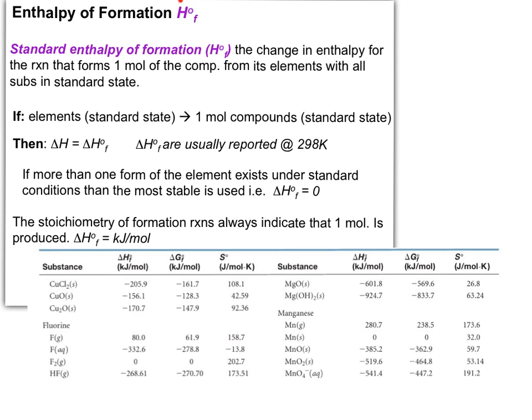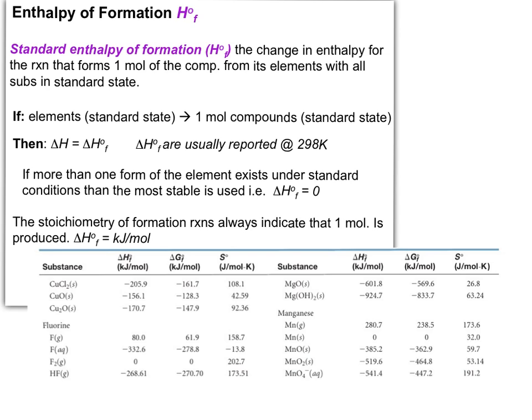So enthalpy of formation is represented by this delta H naught sub f symbol here. Now, standard enthalpy of formation is the change in enthalpy from a reaction that forms 1 mole of a specific compound from its basic elements with all the substances in their standard state. And so what do I mean by standard state?